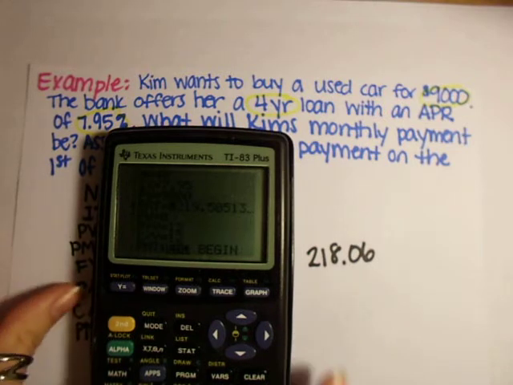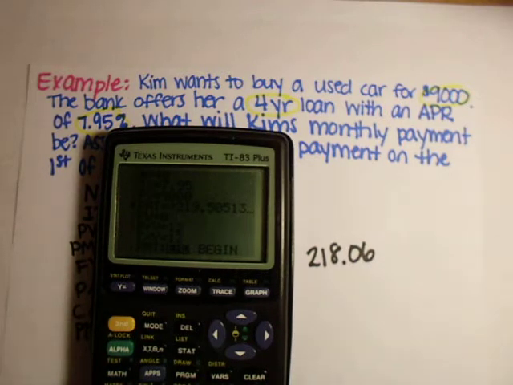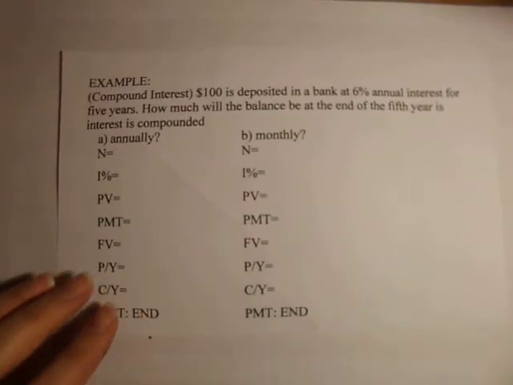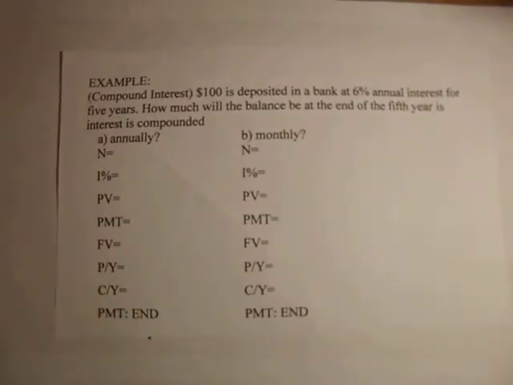So let's try 2 more examples. Our first one is dealing with compound interest again. And we have $100 is deposited in a bank at 6% annual interest for 5 years.